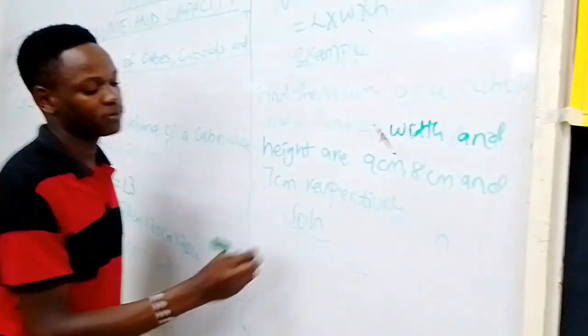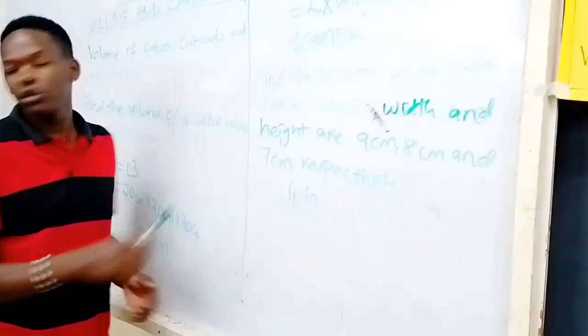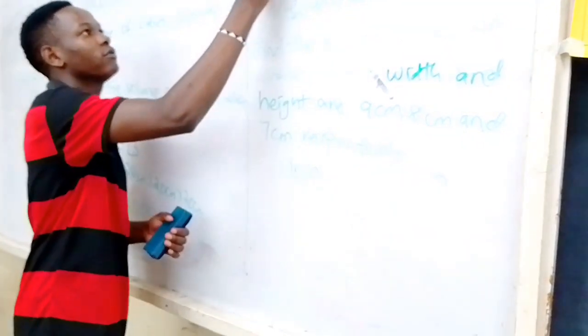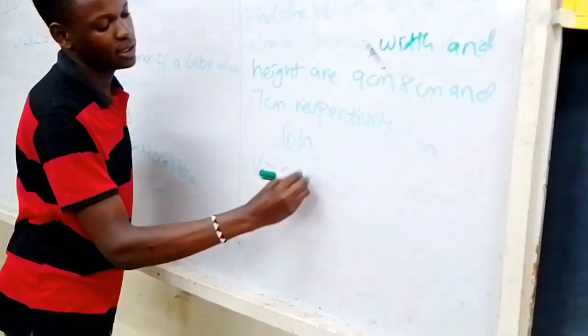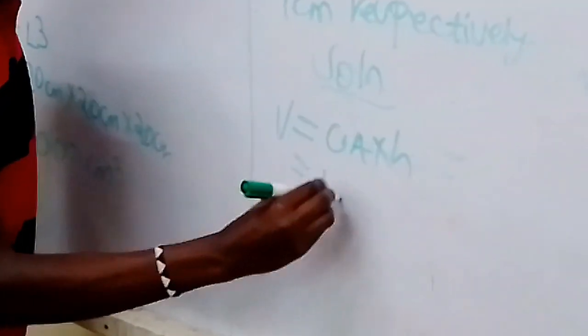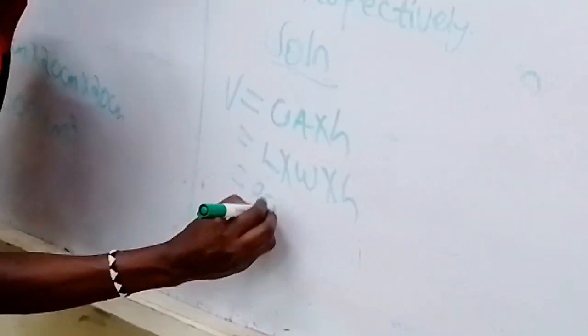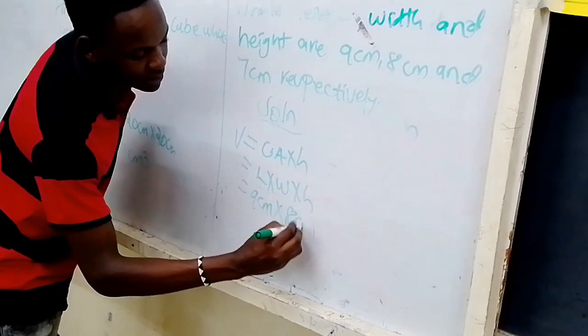Solution. From our definition, the volume of a cuboid is equal to cross-section area times height, where I have length times width times height. Replacing our variables, where length we have 9 centimeters, width we have 8 centimeters, and our height here is 7 centimeters.